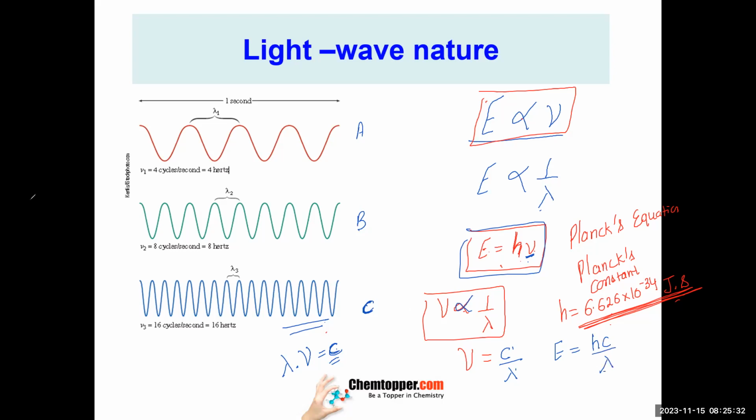Okay, now discuss with me. Planck's equation is clear? So please write it, all of you. Type the Planck's equation here. Planck is the name of the scientist. Type the Planck's equation. Ariba has typed.